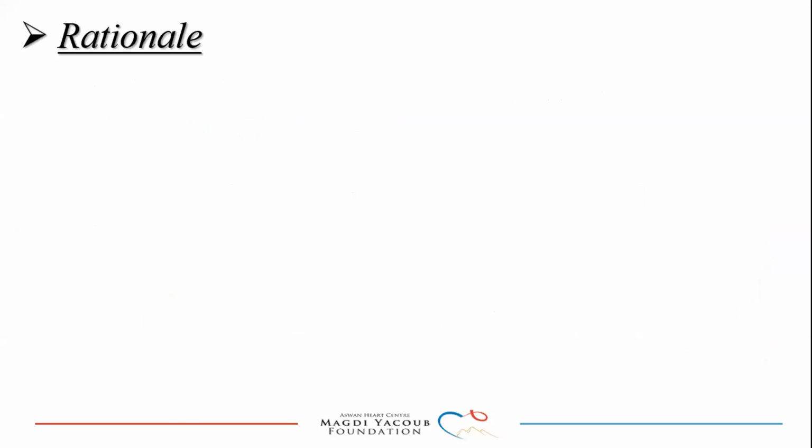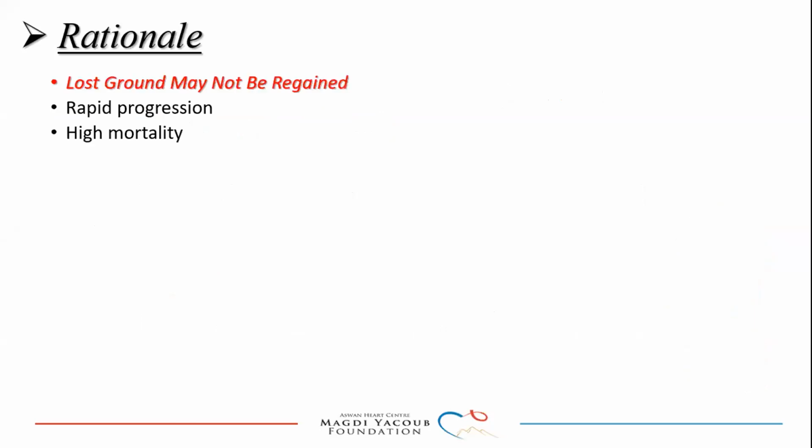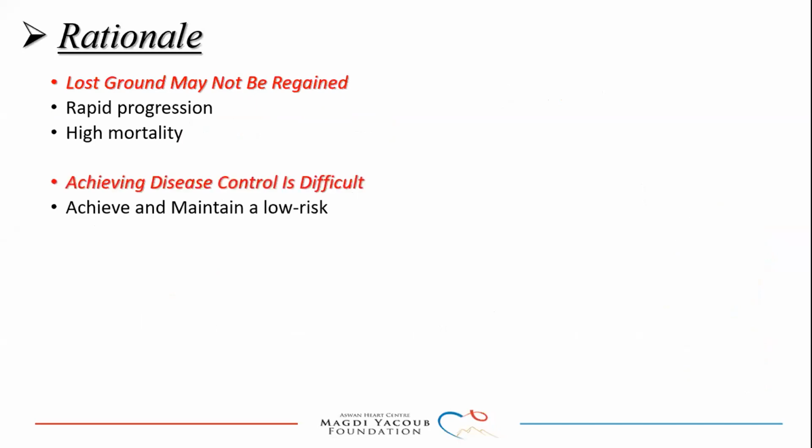The rationale of upfront combination therapy: first, having a rapidly progressive disease with high mortality, so we should be more aggressive to gain maximum control of the disease. Second, as we have just mentioned, our main target is achieving a low risk status, which is actually not that easy in the real world, especially in patients with advanced disease.